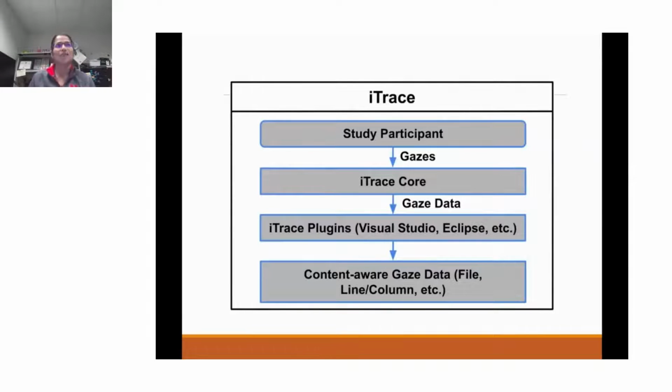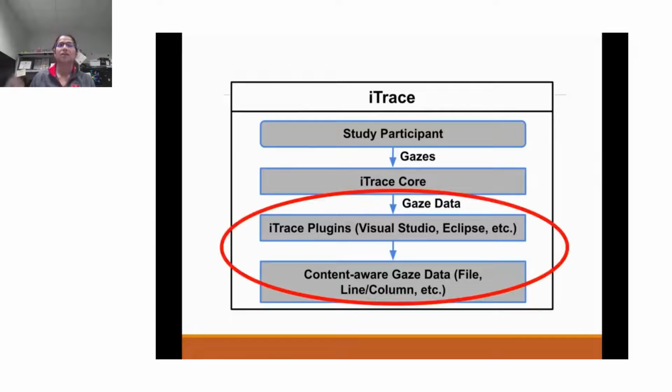You have a core that gets your gazes. The gaze is then sent to the plugins, and the plugins could be Visual Studio, Eclipse, Atom, Chrome. The plugin's responsibility is to map that using its internal AST or API. So it's using a function call to figure out where that particular line or that XY coordinate maps to.